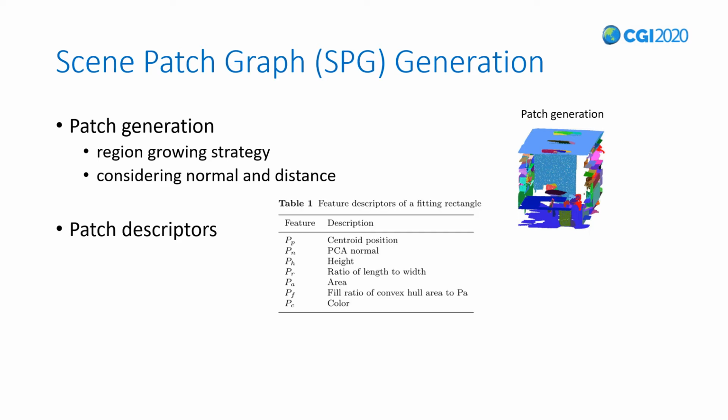For each surface patch, the fitting rectangle is generated through projecting the bounding box onto the dominant axis. For each fitting rectangle, the feature descriptor includes central point position, normal, height, length, area, color, ratio of length to width, fill ratio of convex hull area to area, and boundary.